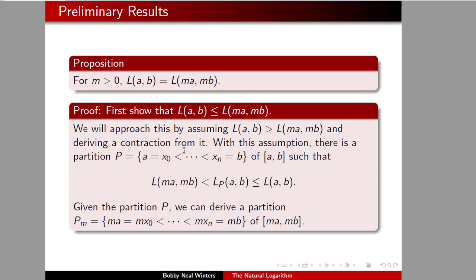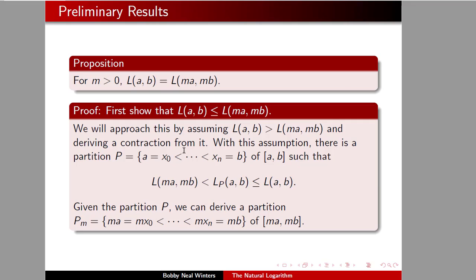So if we multiply both of the endpoints of our interval by m, the area under the curve will remain the same. The first thing we're going to do is show that L(a, b) is less than or equal to L(ma, mb).